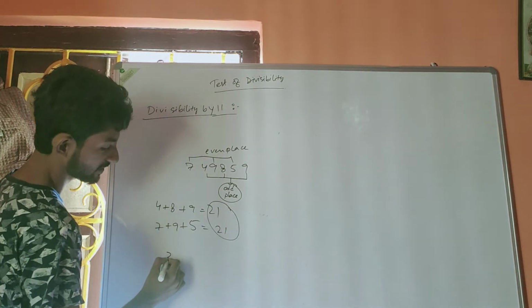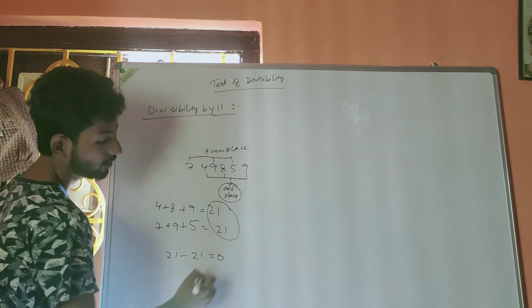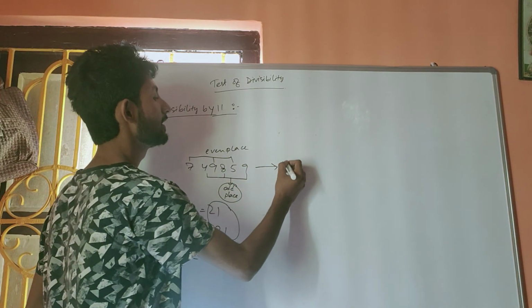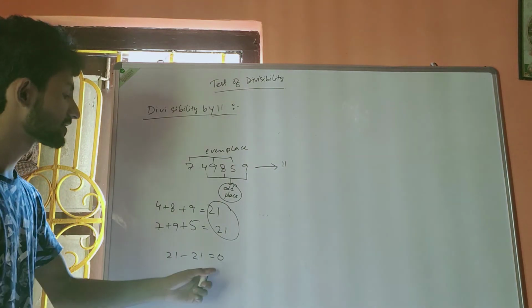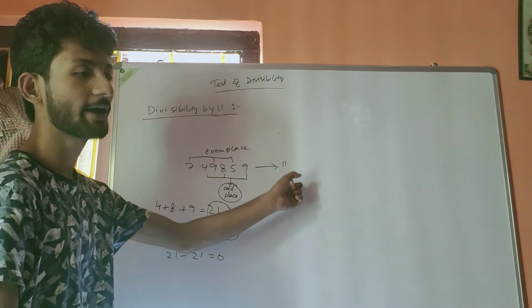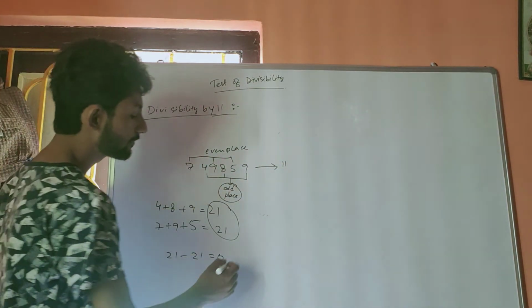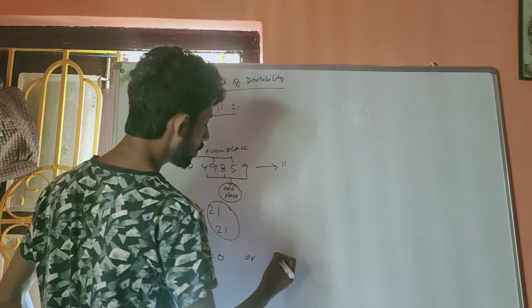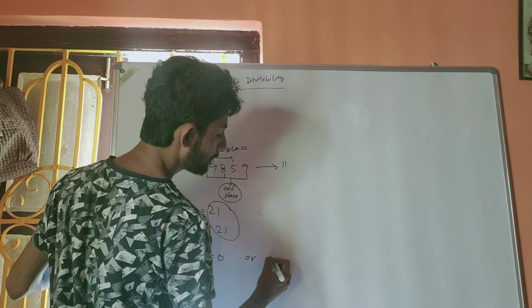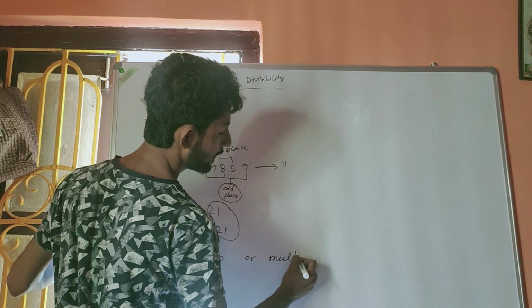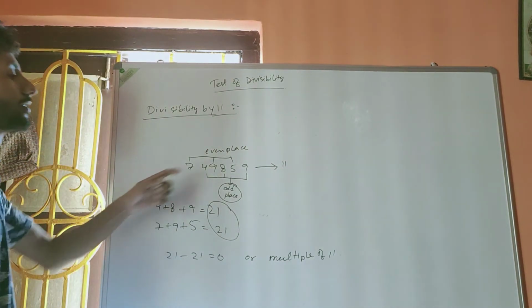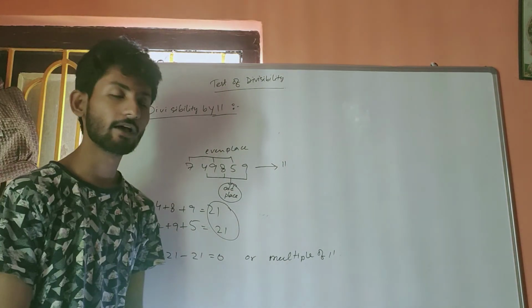If the subtraction of them is 0, then the number will be divisible by 11. If there is 0 or a multiple of 11, then the number will be divisible by 11.